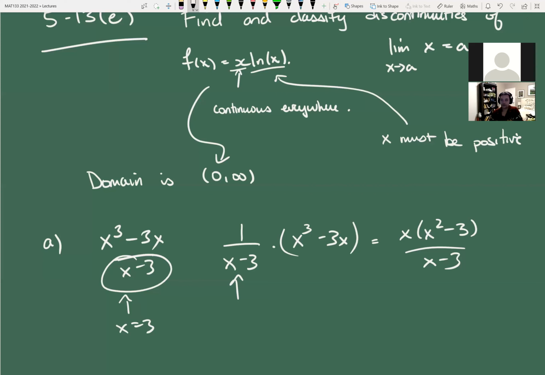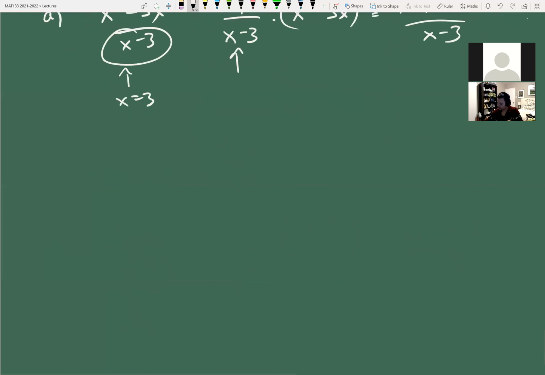Here, let me give you an example. Take the limit as x approaches 0 from the left of 1 over x.